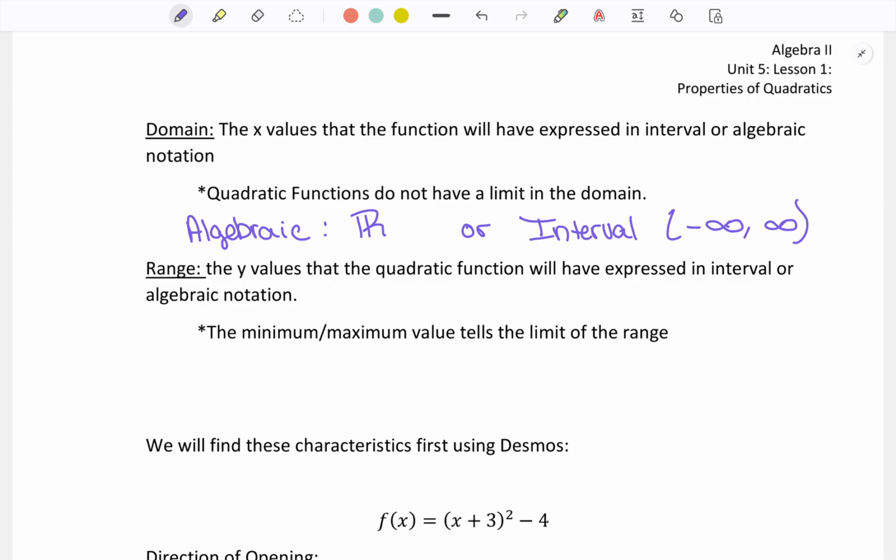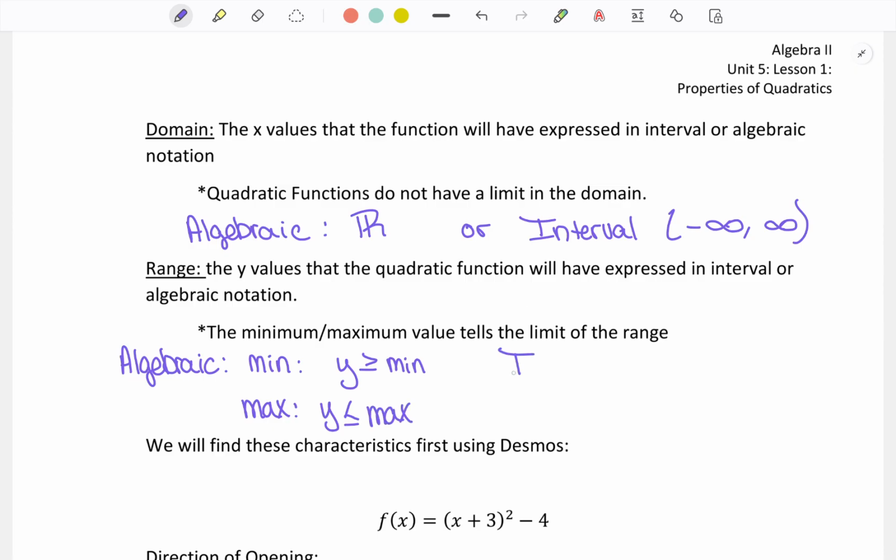Now, your range, you need to know your minimum and maximum value to tell you what your range is. So your range algebraically is going to be, if you have a minimum, y is greater than or equal to that minimum. And then if you have a maximum, so you open downward, y is less than or equal to that maximum.